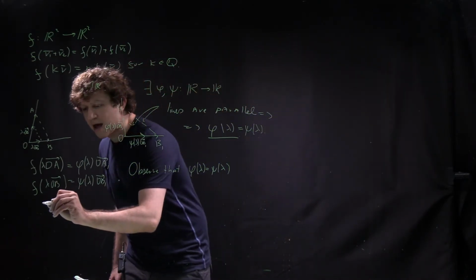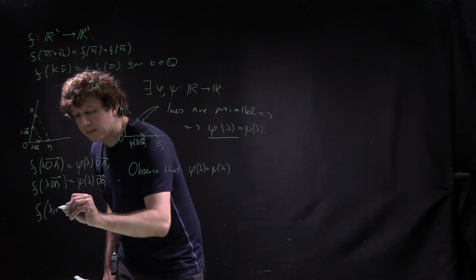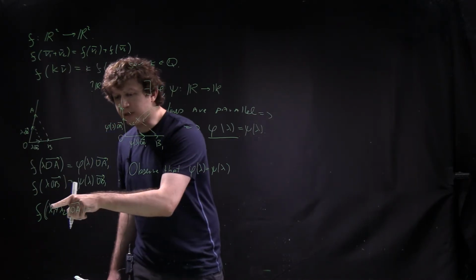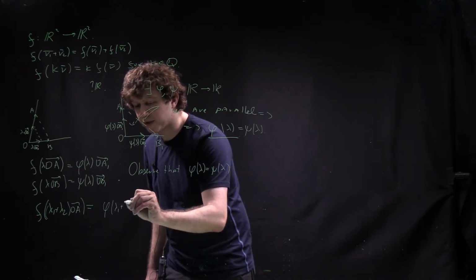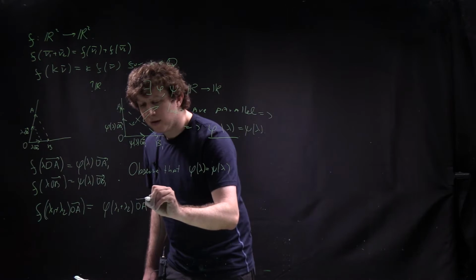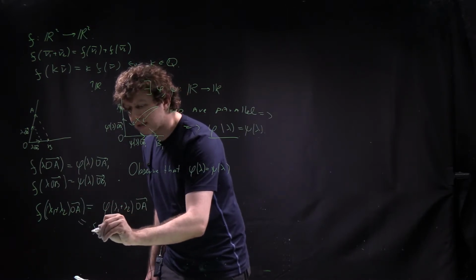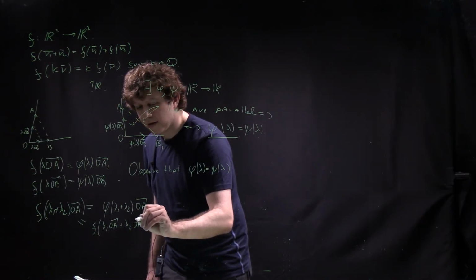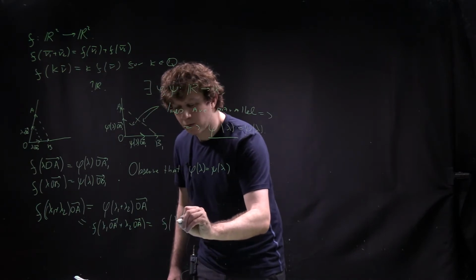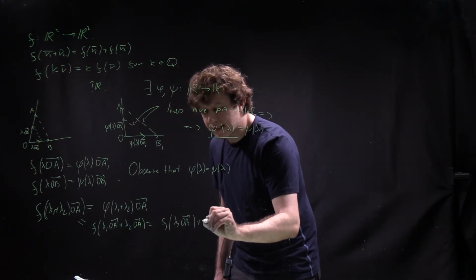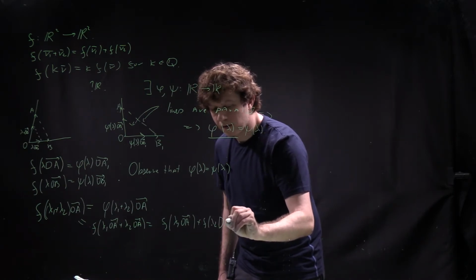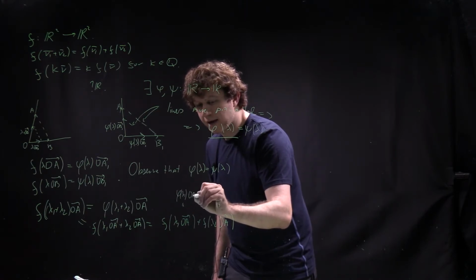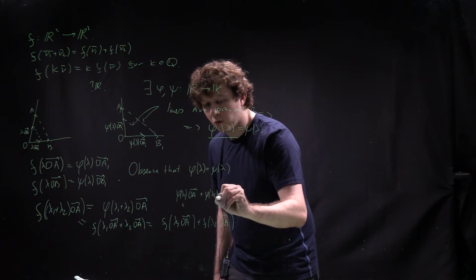Now I can take f of (lambda 1 plus lambda 2) OA, and on one hand it will equal phi of (lambda 1 plus lambda 2) OA, but on the other hand I can rewrite it as a sum, f of lambda 1 OA plus f of lambda 2 OA, and so each of them can be rewritten as phi of lambda 1 OA plus phi of lambda 2 OA.